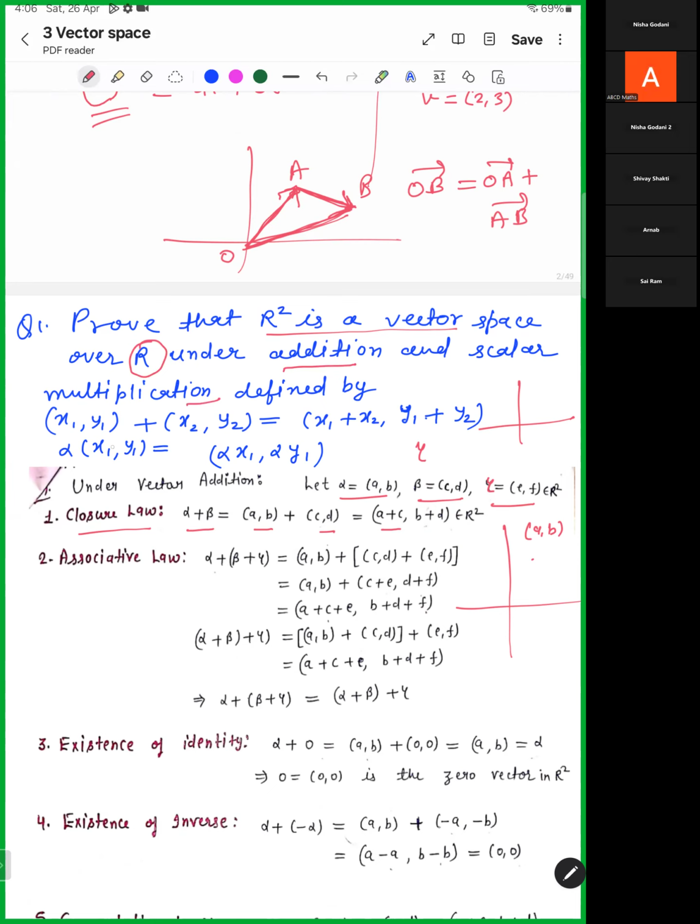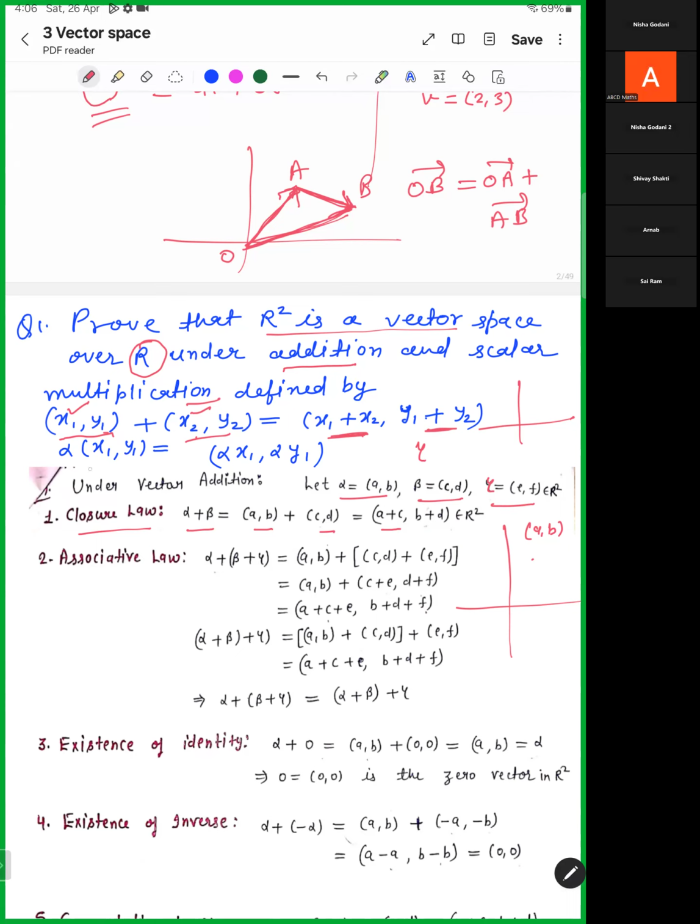Addition means if you add two ordered pairs, you add component wise: x1 plus x2, then y1 plus y2 as the second component. You have to follow this rule for addition.